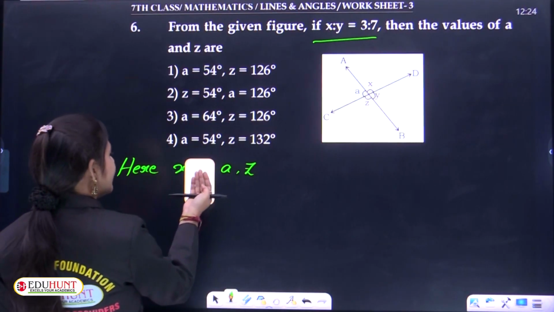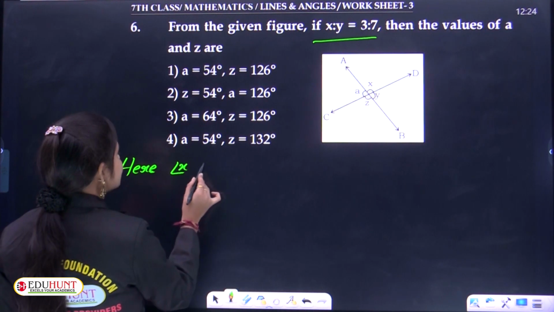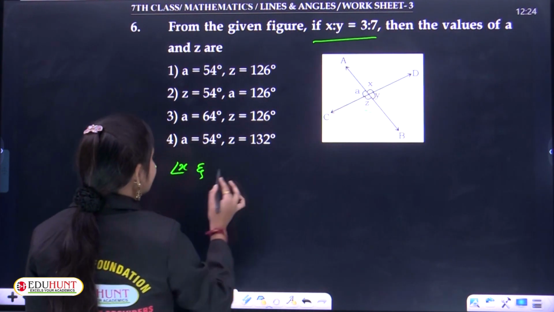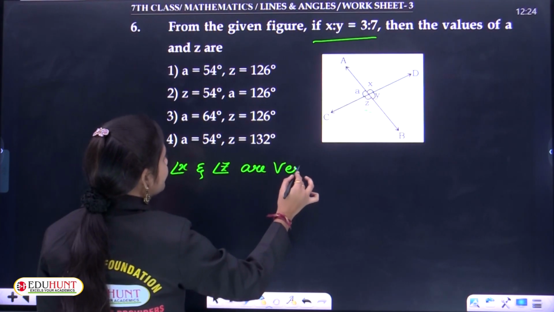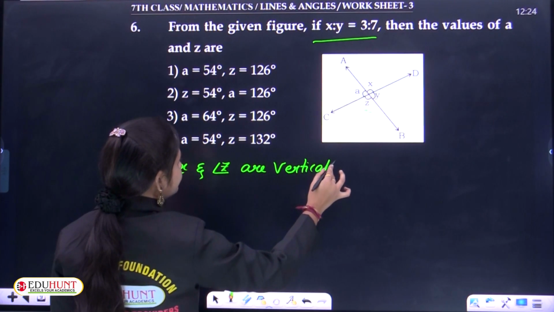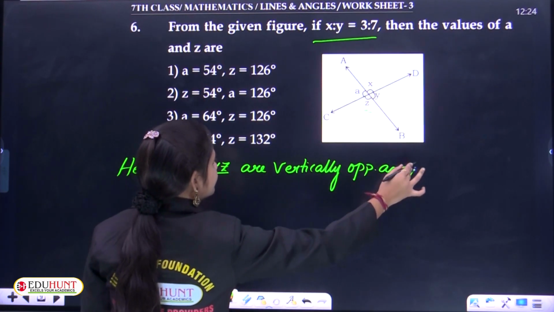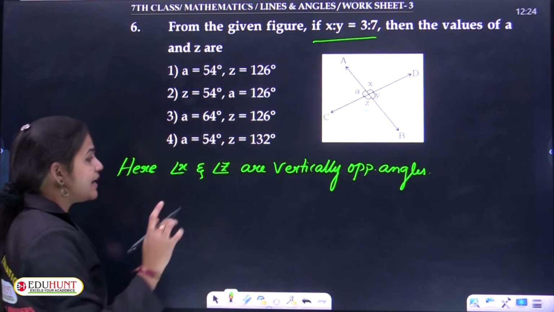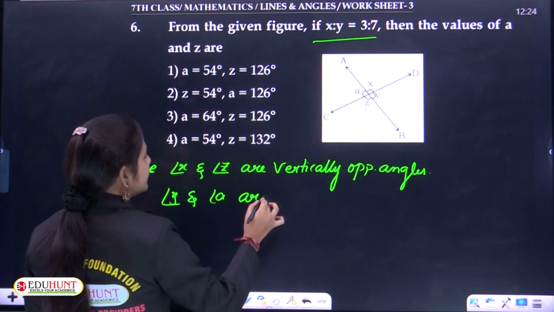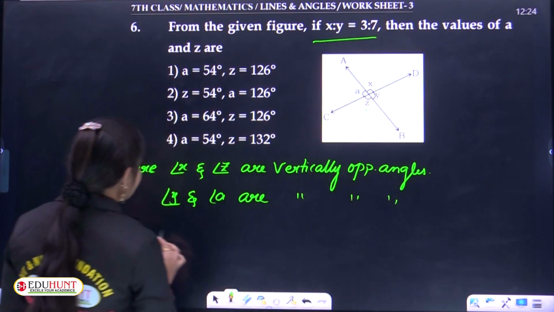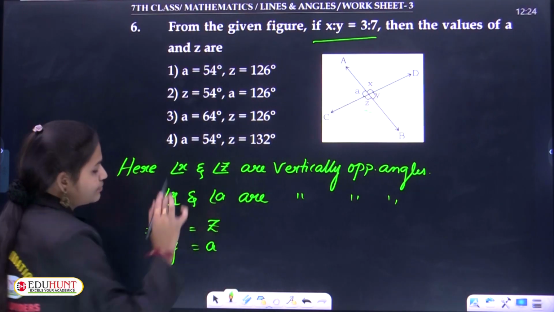Angle X and its opposite angle Z are vertically opposite angles. In the same way, angle Y and angle A are vertically opposite angles. Since X is equal to Z, Y is equal to A.